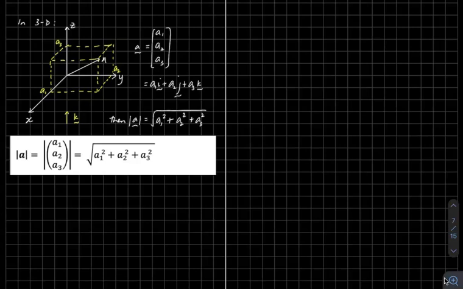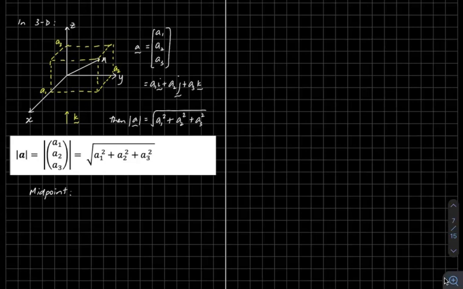Alright, a few more results before we finish off. In some ways, this is where some of these results become much more useful when we're working in 3-dimensional form, because life becomes a bit more complex sometimes in 3 dimensions.